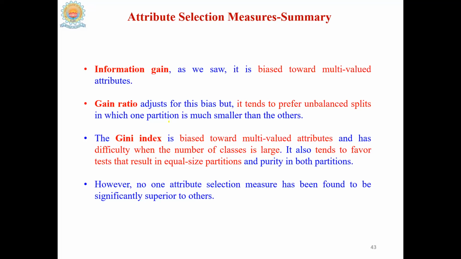Coming to the summary of the attribute selection methods, here we have broadly 3 attribute selection methods: information gain, gain ratio, and Gini index. Information gain has a drawback: it is biased towards multi-valued attributes. That's why we go for the gain ratio, which adjusts the bias a little bit.